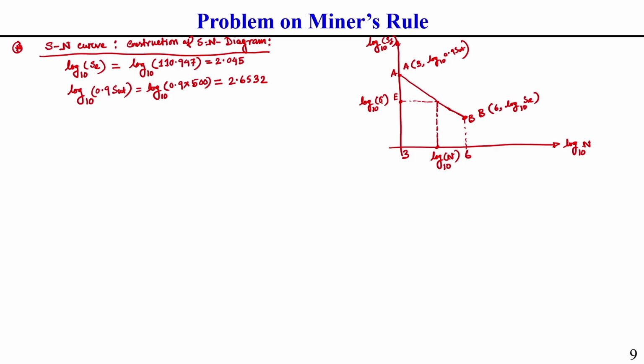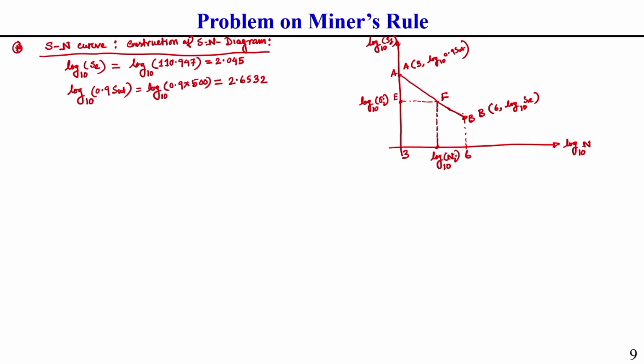Let us consider this is sigma i, this is capital Ni. Keep these in mind. The horizontal line from E cuts the AB line at a point called F.